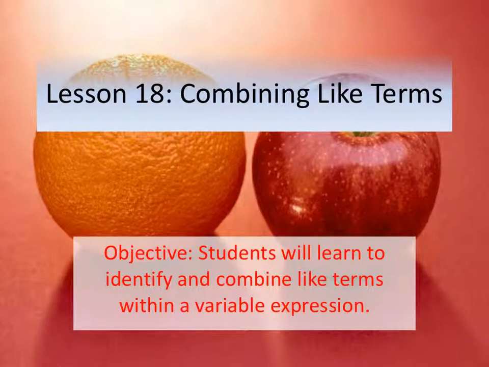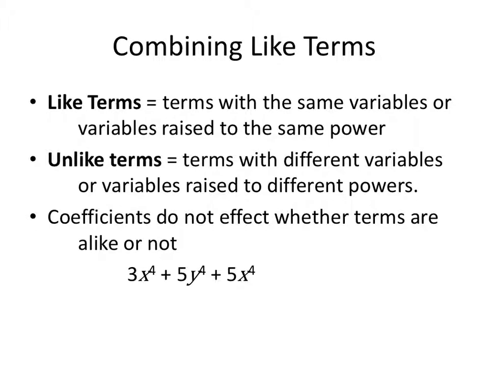In lesson 18, we're talking about combining like terms, and we're going to learn how to identify like terms, and then if they are alike, to be able to combine them within a variable expression. Like terms are terms that have the same variables.